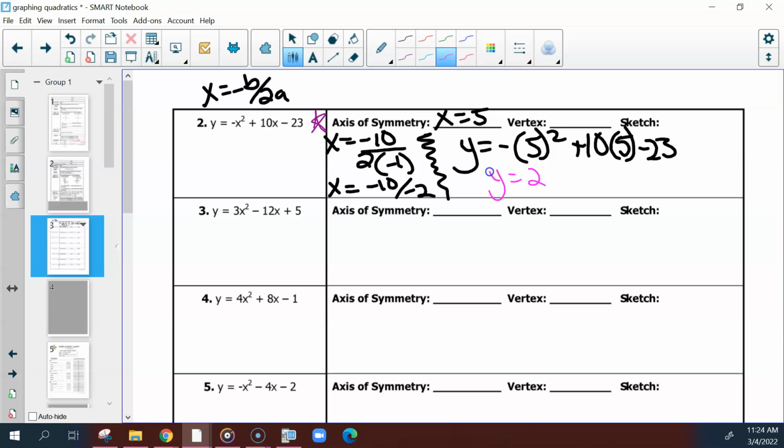So our vertex would be what? 5, 2. And we can draw our sketch. We would have a vertical line at x equals 5. And then our vertex at 5, 2.